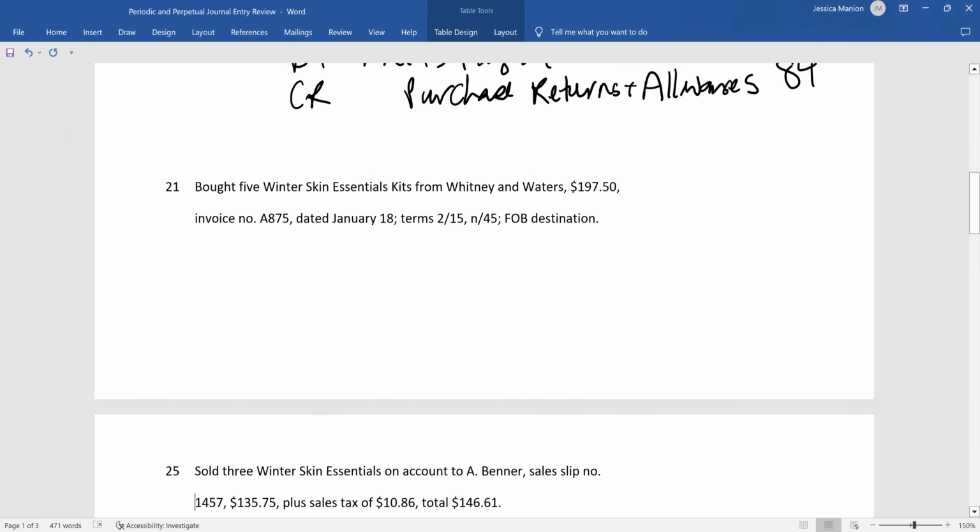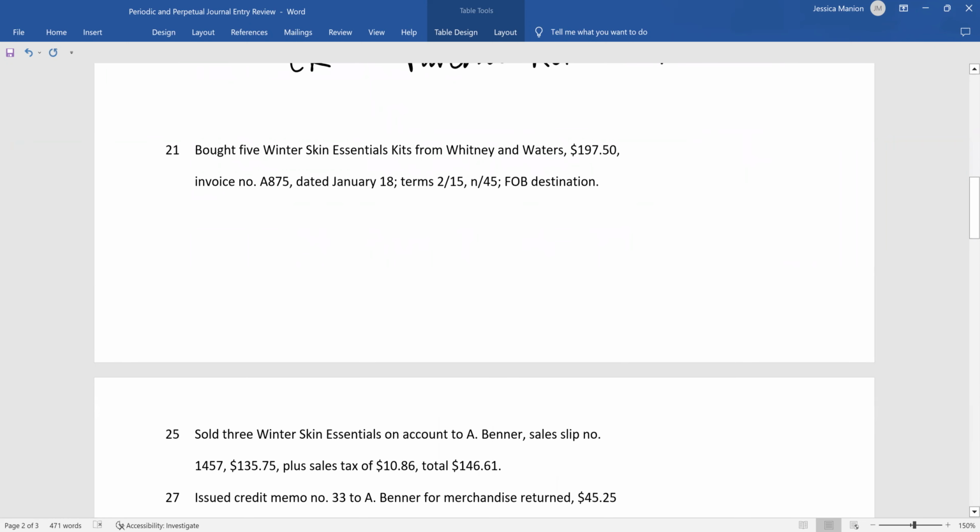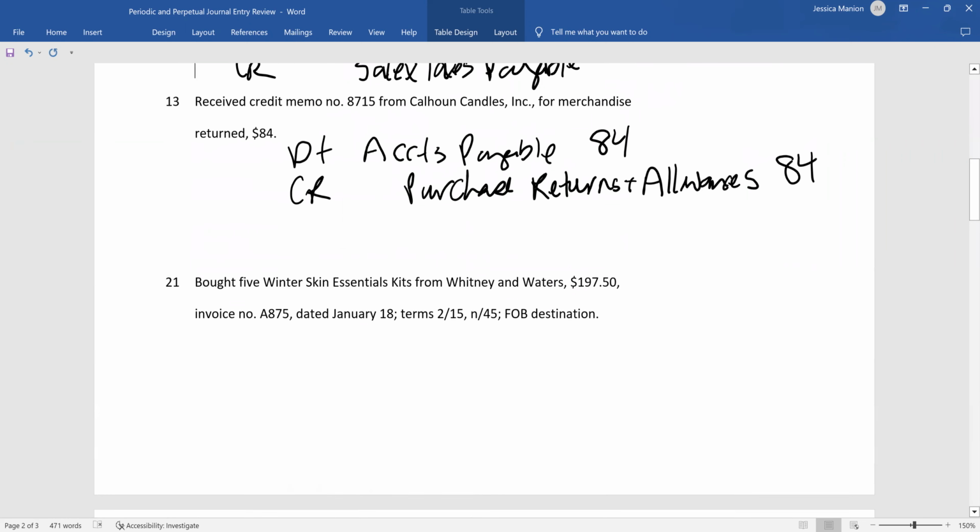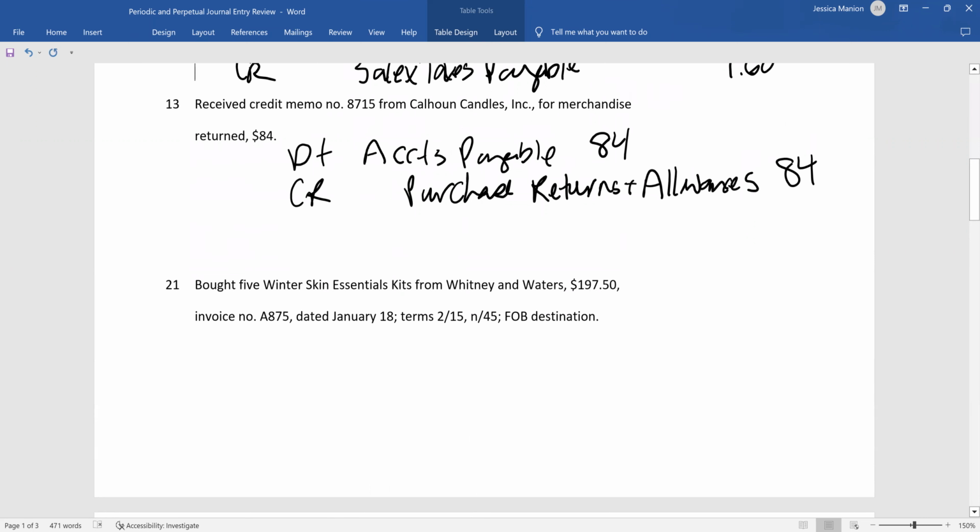Okay, this next one, it says we bought 5 winter skin essential kits from Whitney and Waters for $197.50. Invoice number A875 dated January 18th, terms 2/15 N/45. FOB destination.